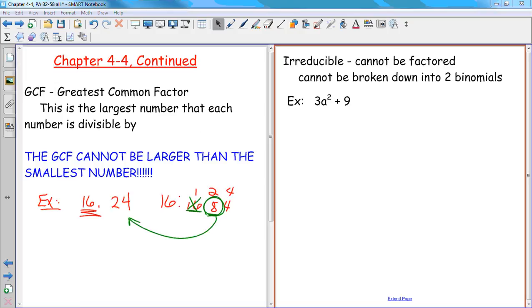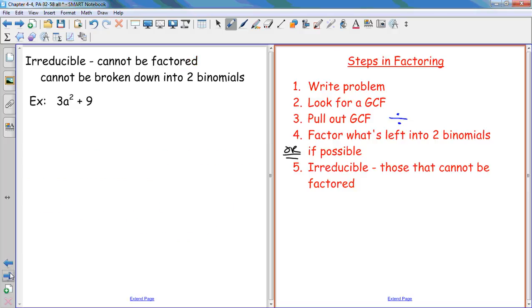What does irreducible mean? It means it cannot be factored like we did last night. That means this is not factorable into two binomials. So what do we have to do? We can take out a greatest common factor. In 3x squared plus 9, what is the greatest common factor? 3.